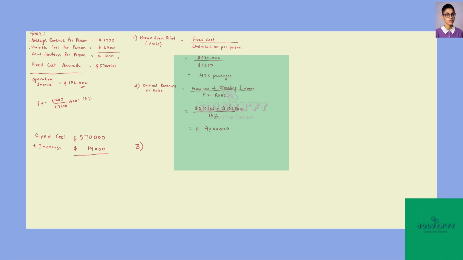So the new fixed cost will be $570,000 with the increase amount of $19,000. So this gives us $589,000.